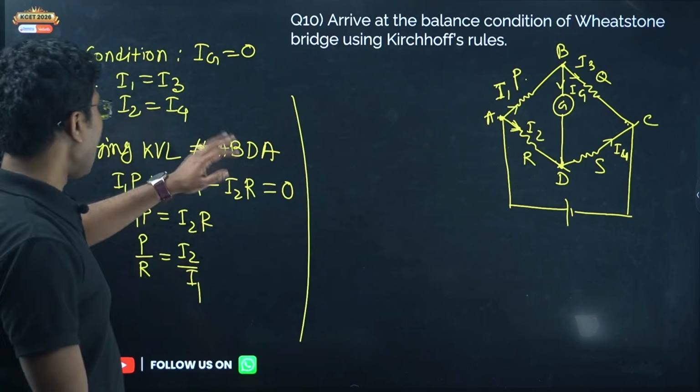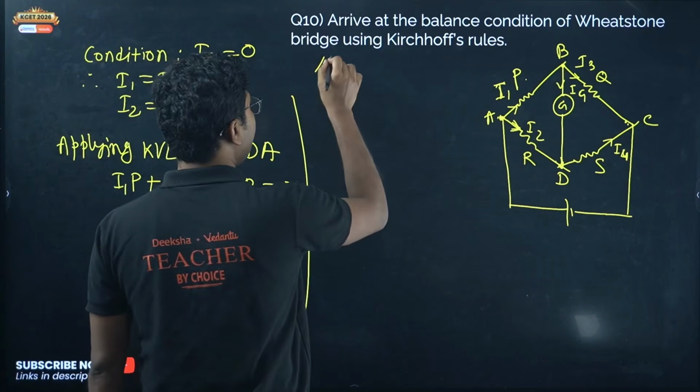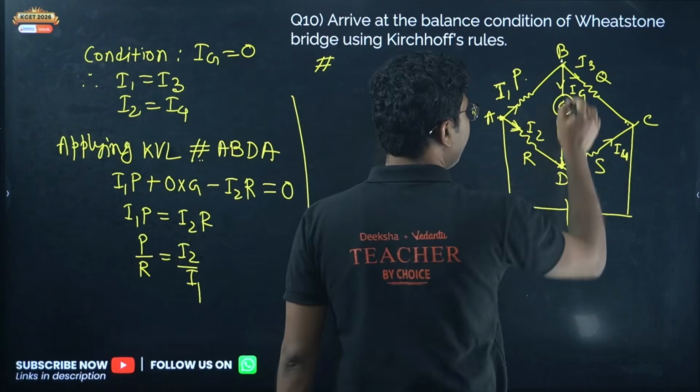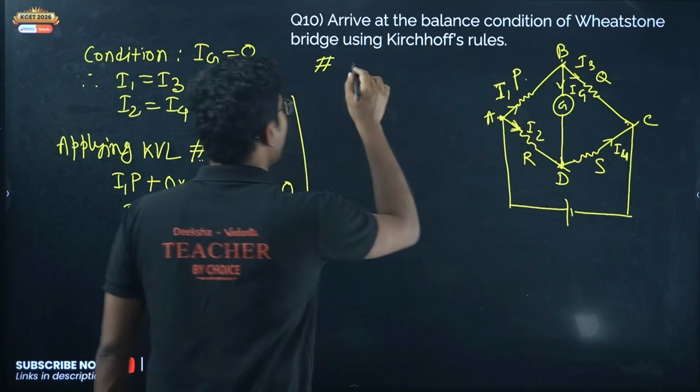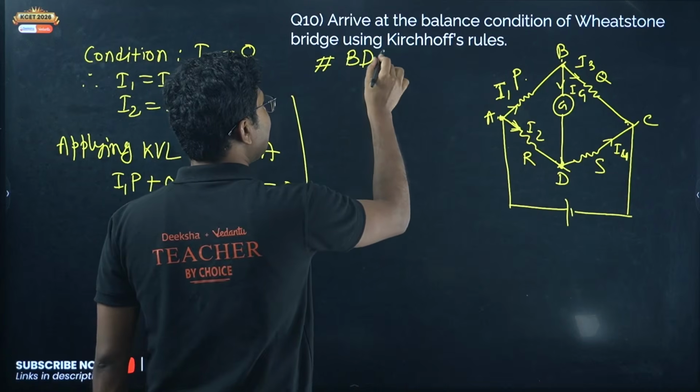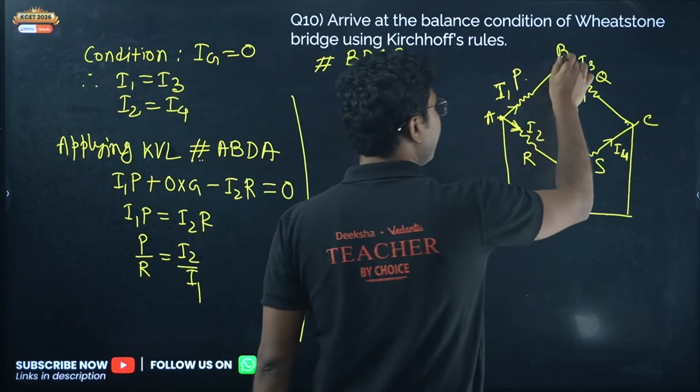Now applying KVL in the loop BDCB. Okay, now we are going in this direction.